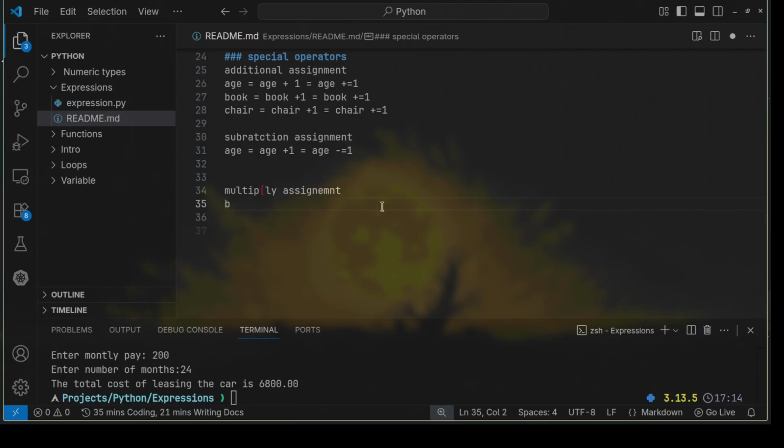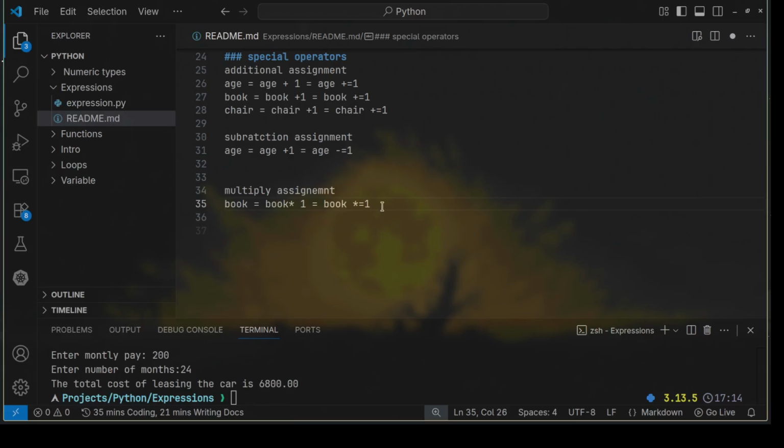So book is equals to book multiplied by 1. This will equate to book multiplied by is equals to 1.